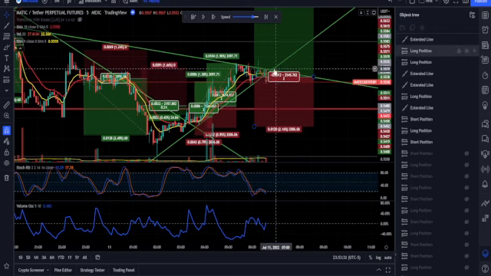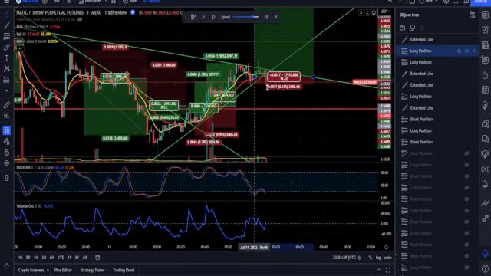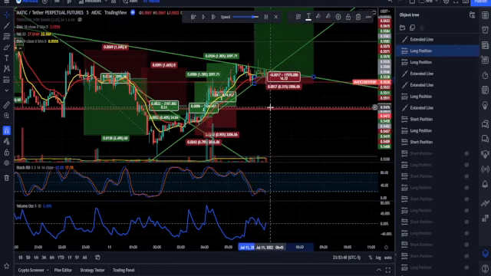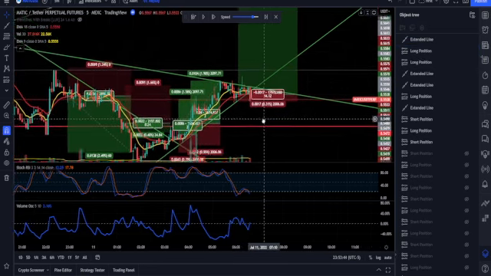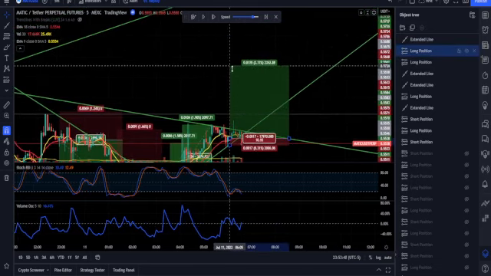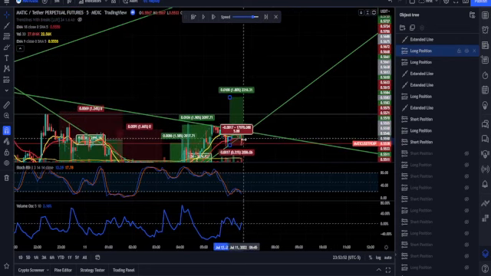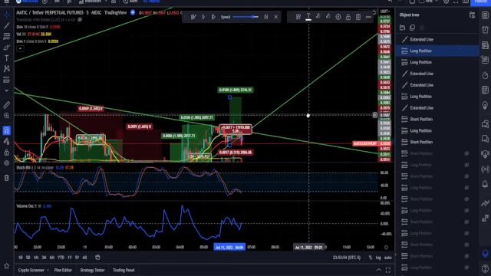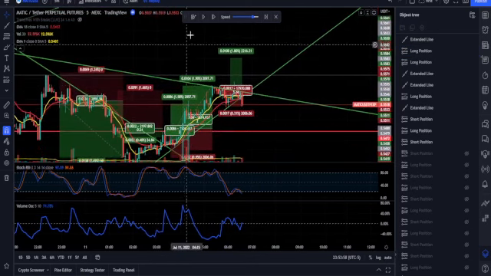Plus we've broken our uptrend. So all in all, what I've got to do here is cut my losses and suck that one up for a loss right there, and look for the next play. Alright, there's our loss.